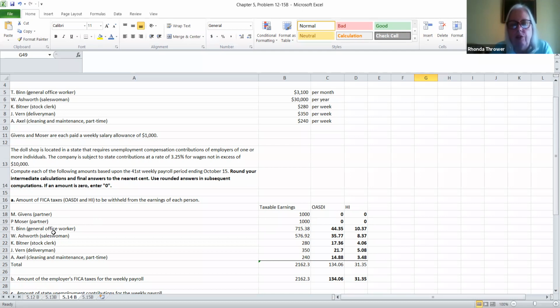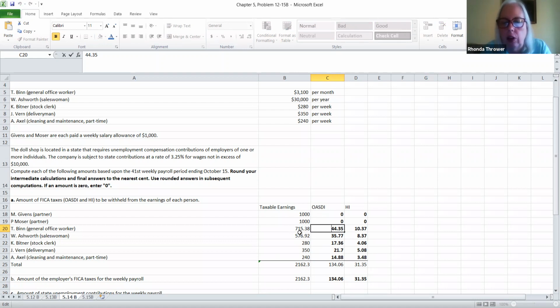But they would have to for Ben, and they figured out what the weekly amount of the earnings for Ben is. So what you do is you take 6.2%, the percentage for OASDI, and multiply it by $715.38, and that will give you $44.35.